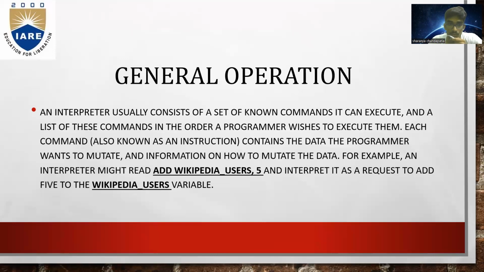Each command, also known as an instruction, contains the data the programmer wants to mutate. So the data which the programmer wants to mutate is given to the interpreter, and it will store the data and mutate the data. For example, an interpreter might read "add Wikipedia users file" and interpret it as a request to add file to the Wikipedia users variable.